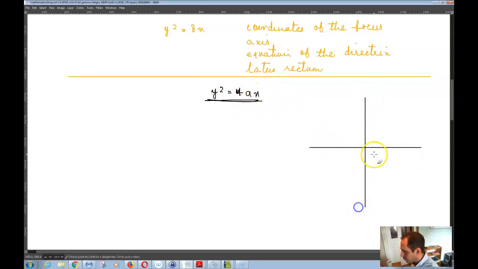Then the shape of your parabola is going to be something like this. You can have only positive x's. And so what that means is that your focus is going to be some point over here, a comma 0. Your directrix is going to be over here, basically x is equal to negative a, and that's basically all that we have here.